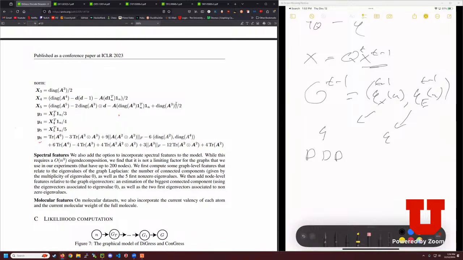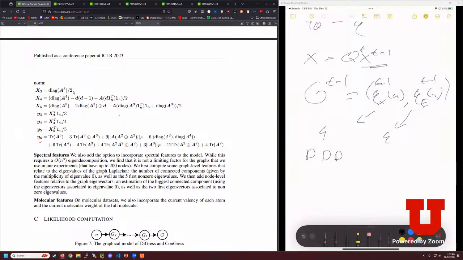So A is the adjacency matrix, right? I believe so. It basically says they multiply A three times, so it's aggregating three hops, right? A multiplied by A gives you two hops, a two-hop extension of the graph, meaning you connect any pair of nodes whose path has length 2.